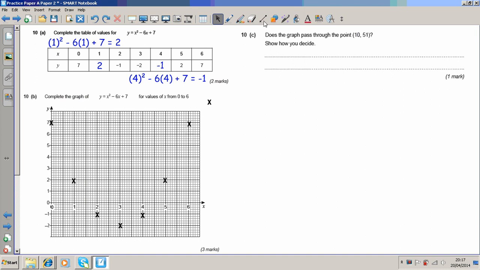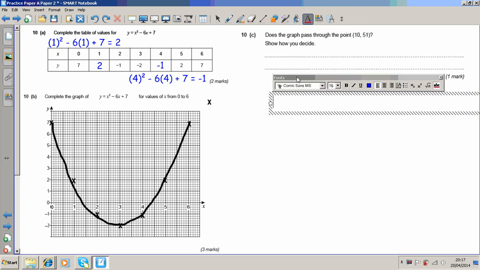So plot your points, and then you need to join them up with a nice smooth curve, so not dot to dot, but a curve that makes a sort of U shape. Now I've not really gone through my points very well there, but hopefully you'll be able to go through it a bit better than that.